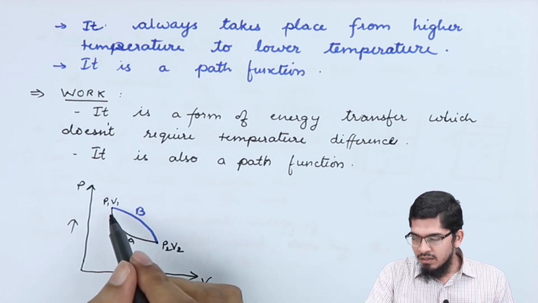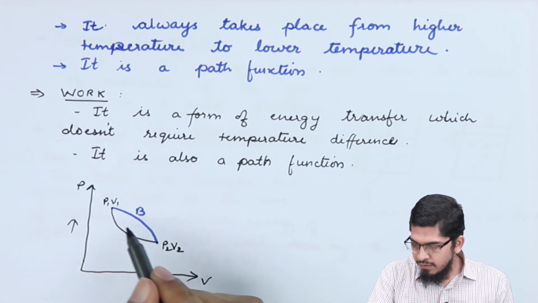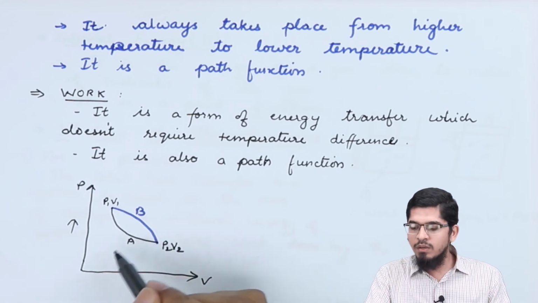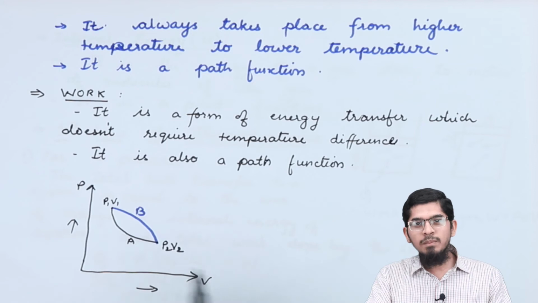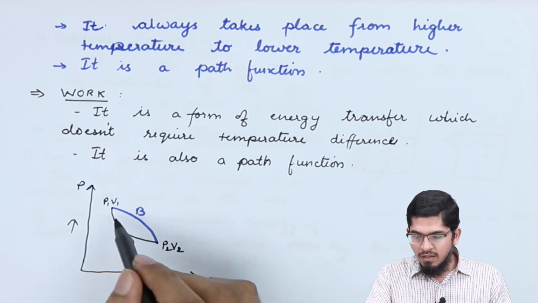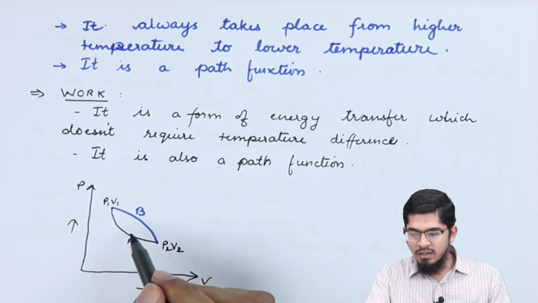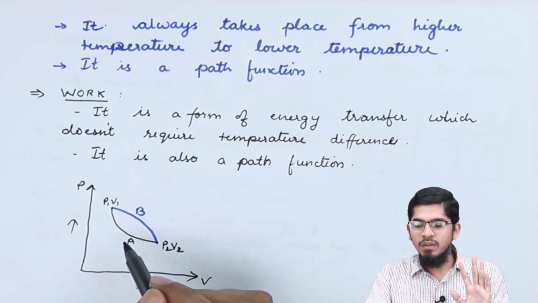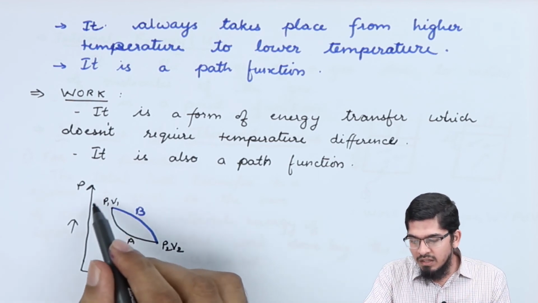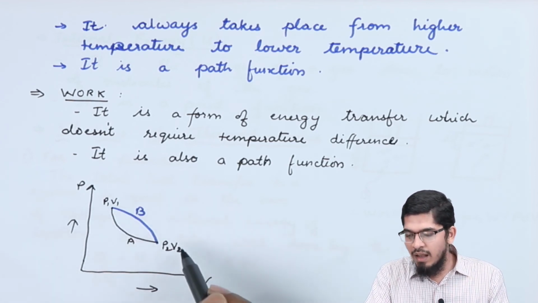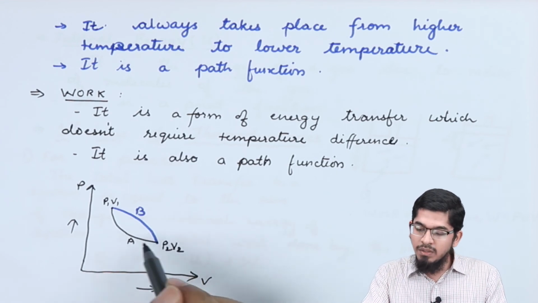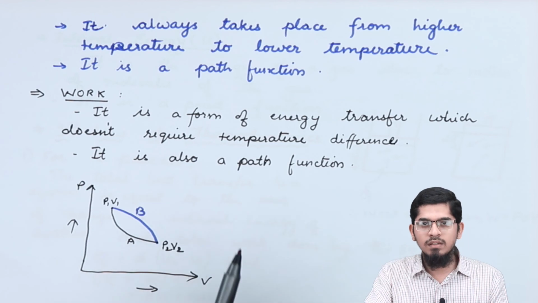It means that the change in internal energy from the state P1 V1 to P2 V2 is independent of the path. For example, A is traveling through this path and B is traveling through this path, so it is independent of that. The change in internal energy is only dependent on the initial state, that is P1 V1, and the final state, that is P2 V2. So the change in internal energy will be the same for A as well as B.